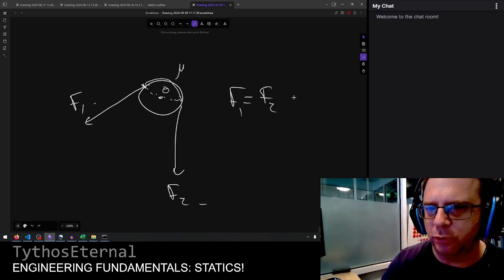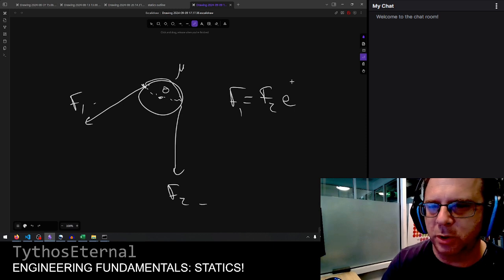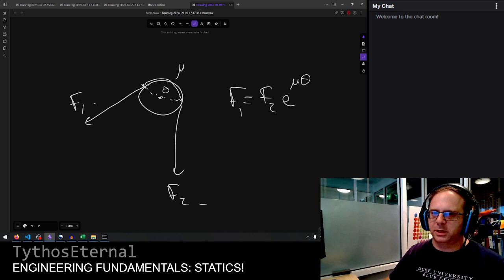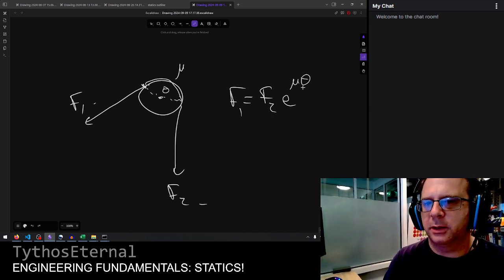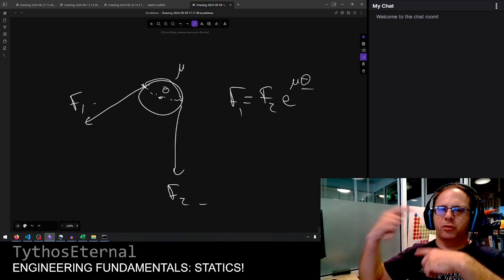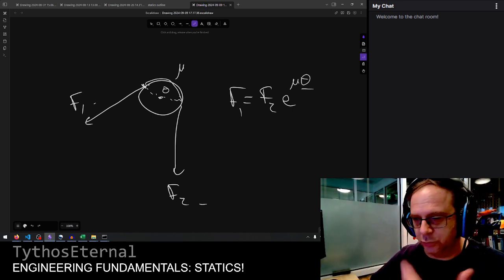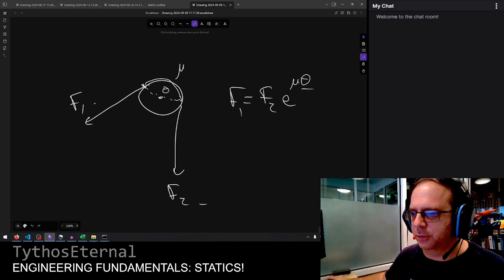that the difference in forces, we actually model as an exponential, is the exponential product of that frictional coefficient and the angle. So the more you wrap it around, and it could actually be multiple rotations, right? The more friction it will encounter.